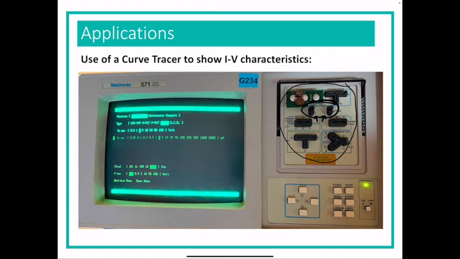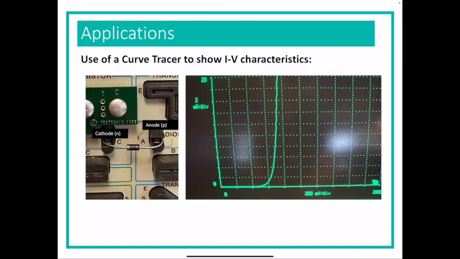So if we were going to use a regular diode, we would put it in. This is a regular silicon diode. We would make sure the cathode end is in the C and the anode is in the A part, and then we just basically hit start. You'll notice that for a regular diode, the plus goes in the anode end and the minus goes in the cathode end.